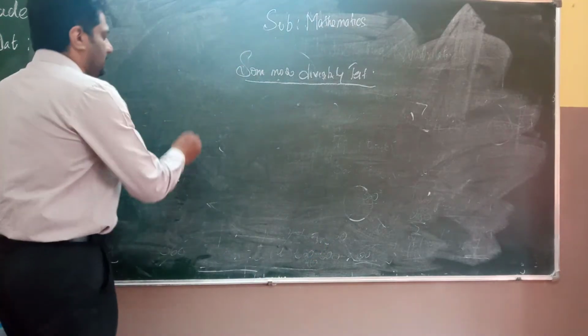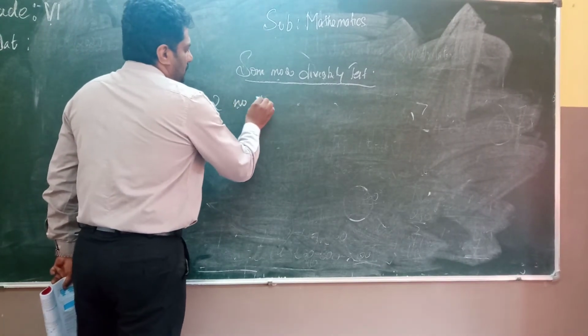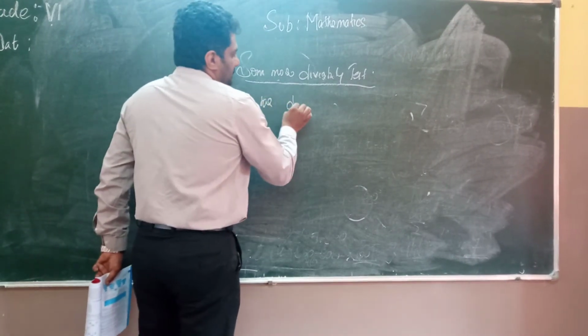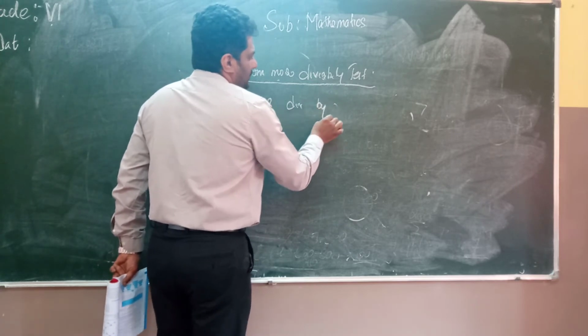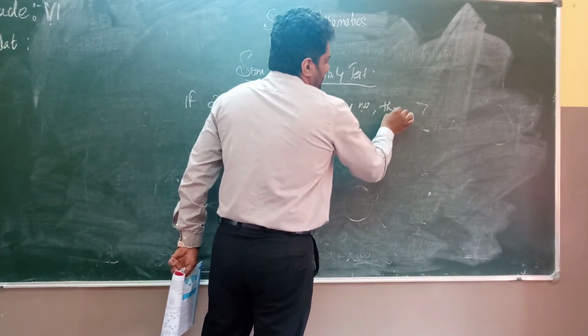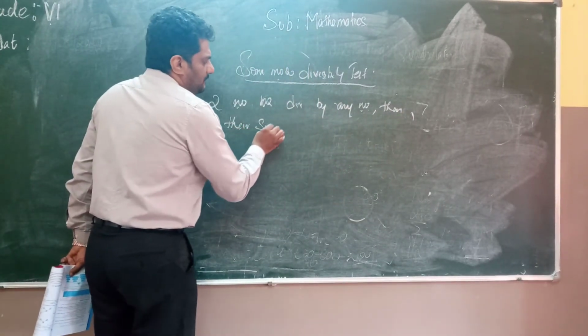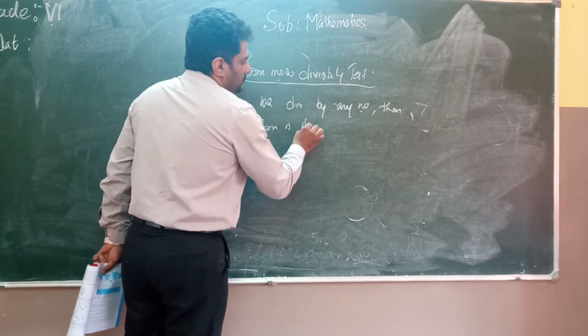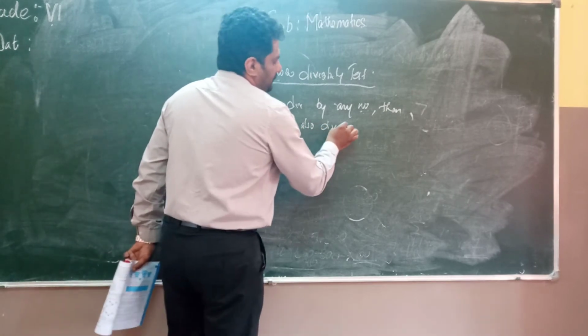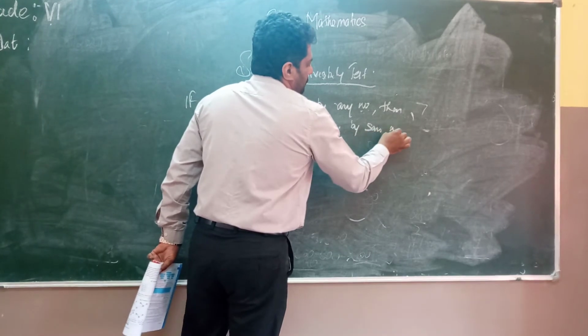That means if two numbers are divisible by any number, then their sum is also divisible by the same number.